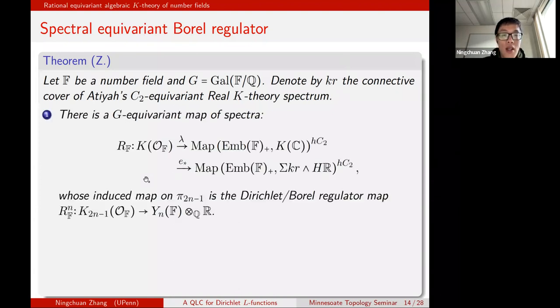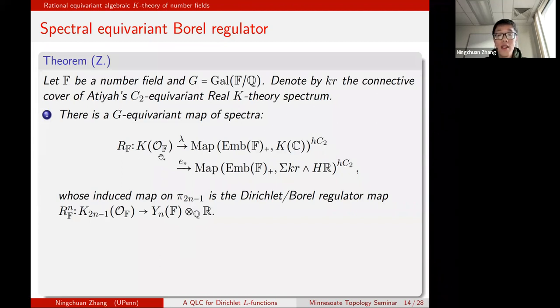First, we can lift the regulator to the spectral level as follows. There's a map from K(O_F) into this mapping spectrum. Let me explain what this lambda does. For each embedding from O_F into C, we have a map from K(O_F) into K(C), and you just assemble them together. That will land in this mapping spectrum, and you can check it actually factors through the C_2 fixed points.